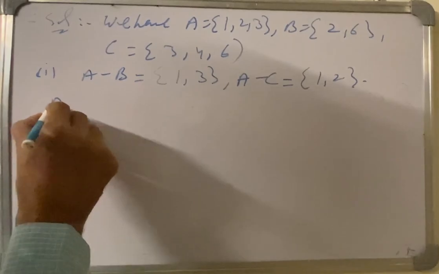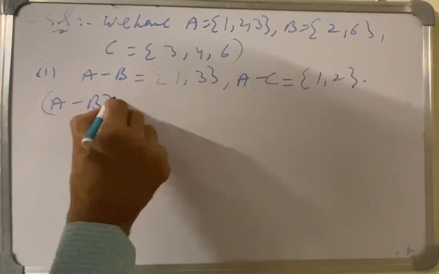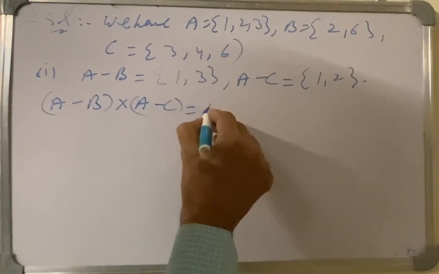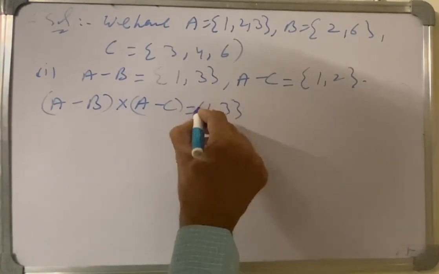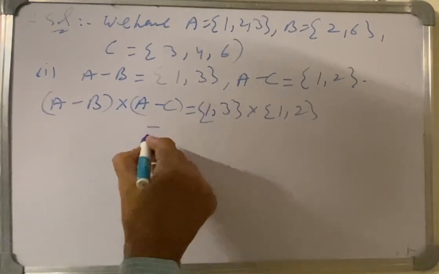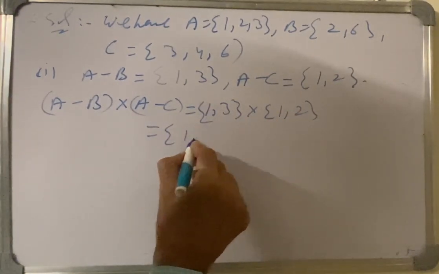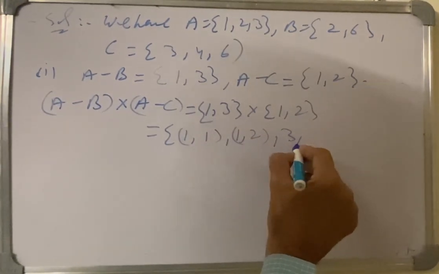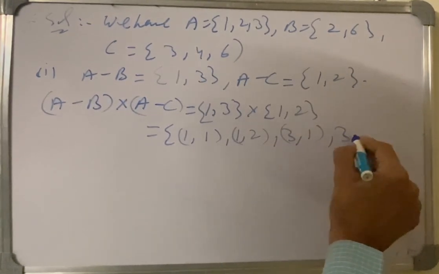So the Cartesian product of A minus B and A minus C is {1, 3} and {1, 2}. So this will give you (1, 1), (1, 2), (3, 1), (3, 2).